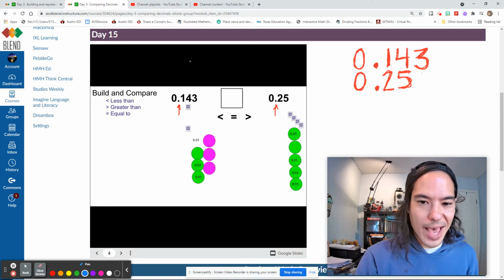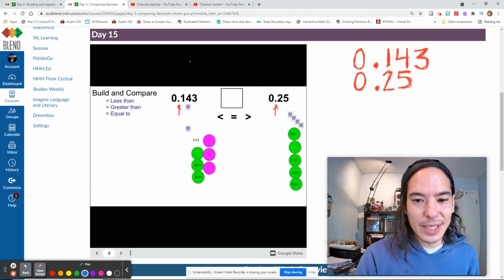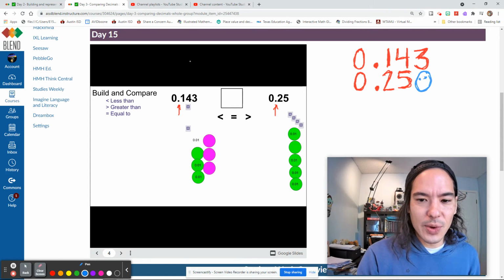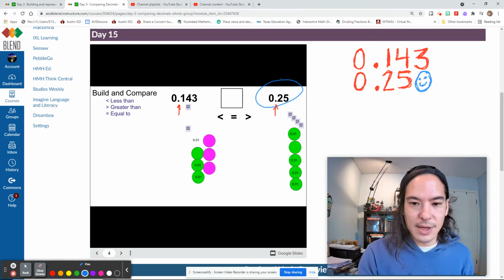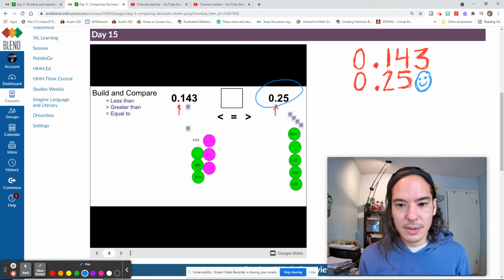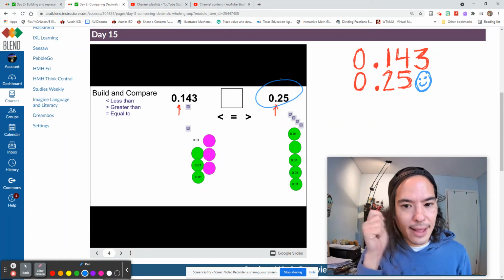All right, adding a face. Remember, I'm just gonna draw an emoji 0. Right, so it's a 0. The reason why I'm gonna put a face in it is so I know that I wrote it, because my original number is not 250 thousandths, but I do think that 250 thousandths is easier to compare. All right, so by putting that emoji 0, I know that I added that 0 there.